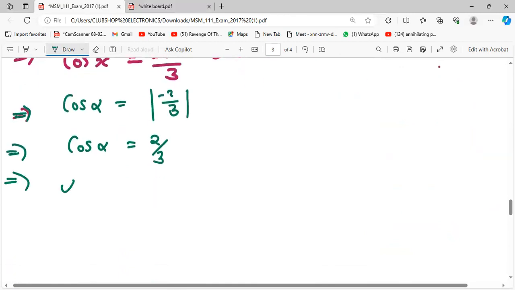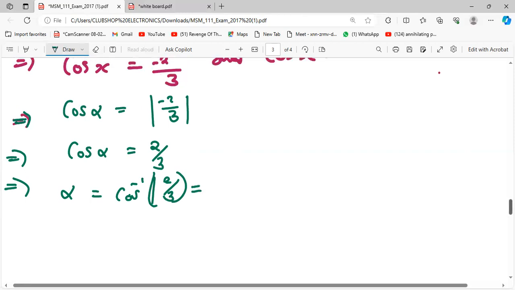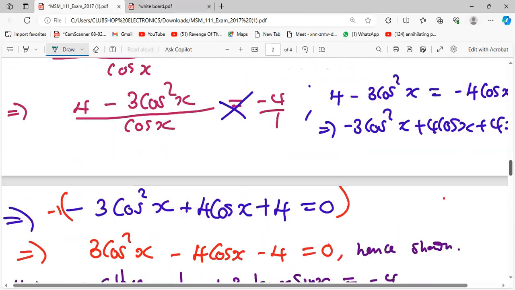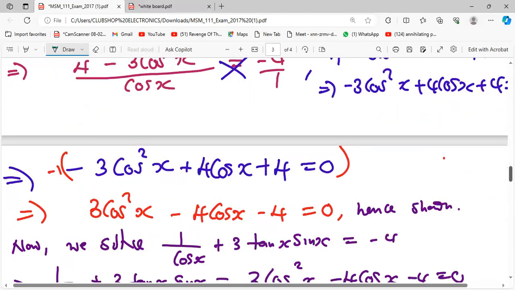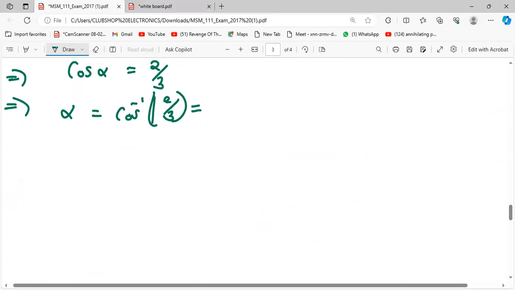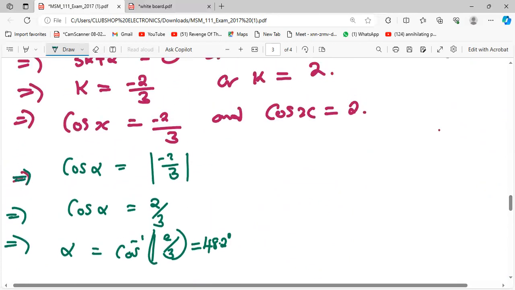This implies that alpha will be equal to cos inverse of 2 over 3. And we're being told that the answer, as you can check, is approximately 48.2 degrees.